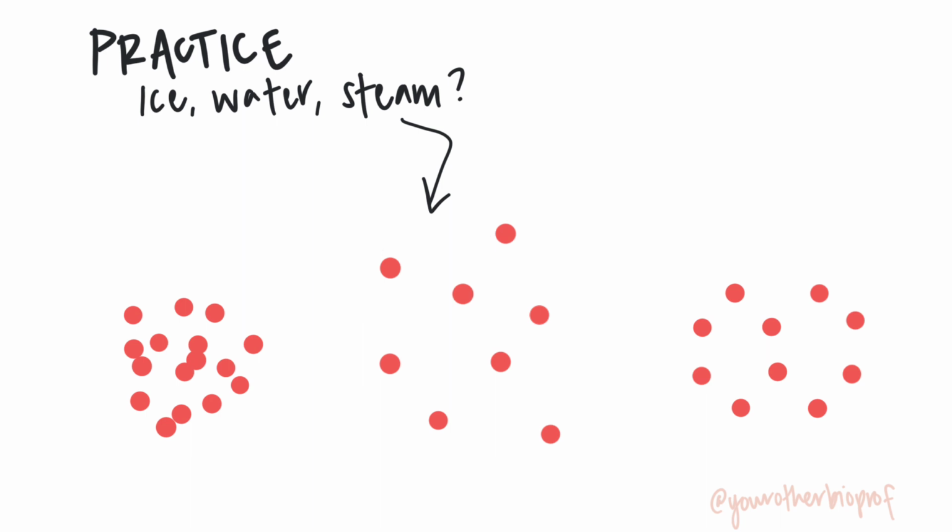How about on the far right, where we've got a very ordered distribution, very even, regular distribution of our molecules? That one's our ice, with that regular crystal structure that develops as a result of having very stable hydrogen bonding, maxing out the number of bonding partners between each molecule.